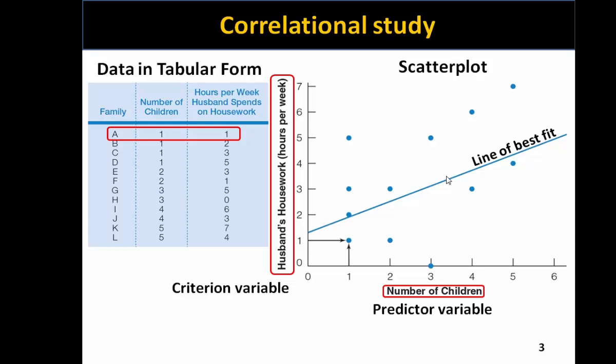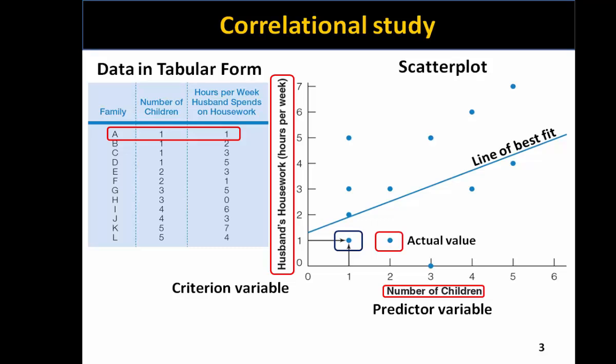If we take a look at the first family, family A has one child, and 1 hour is spent on housework, we see that data point is plotted accordingly. But now if we focus on another data point, in this case we have a family with 2 children where the number of hours spent on housework is also 1 hour.